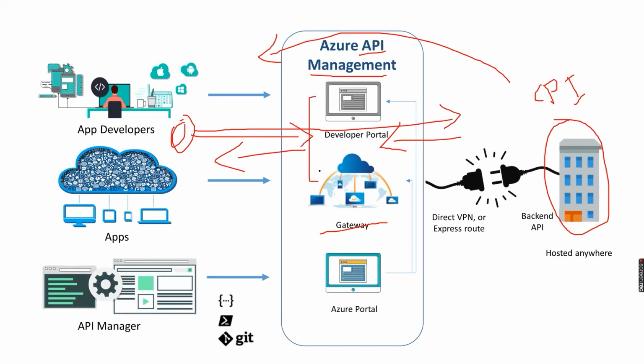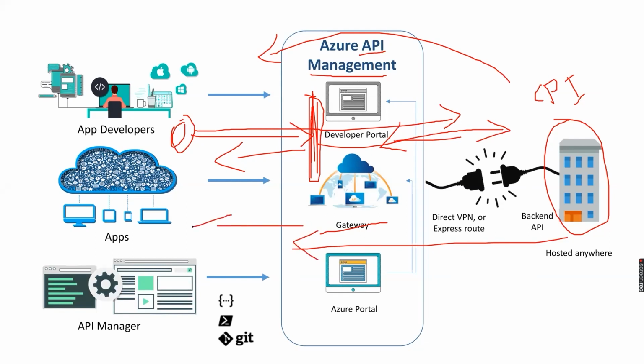If there are any firewall issues, whitelisting, and so on, we can handle them here. For allowed users, it will allow the request and send it to the backend system, and the backend system sends the response back to the API management. Then from there you get the data in a secure way.